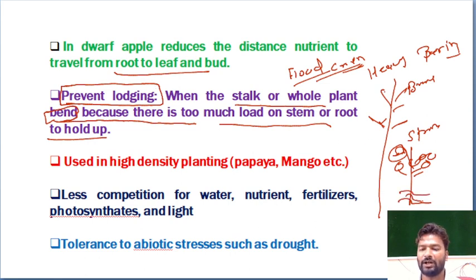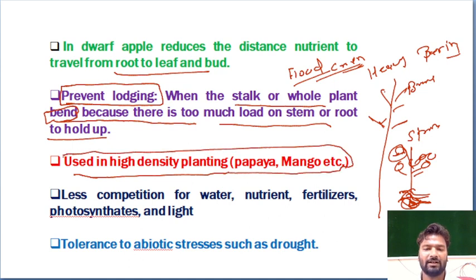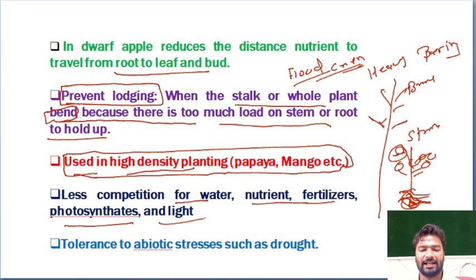They are also tolerant to certain abiotic stresses. Also, this is used in high density planting like papaya, mango, sapota. In modern agriculture, dwarfing is used for high density planting. There is less competition for water, nutrients, fertilizer, photosynthesis and light.